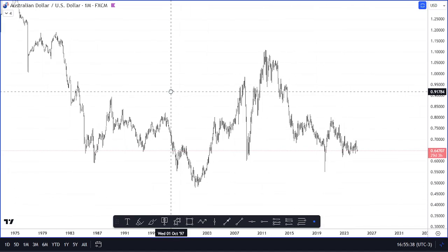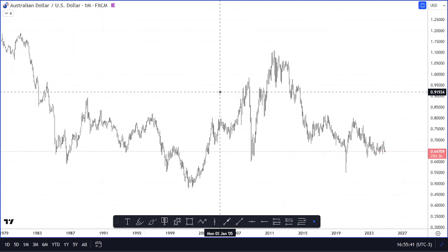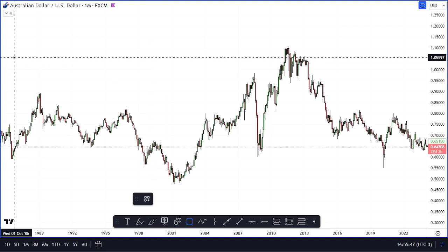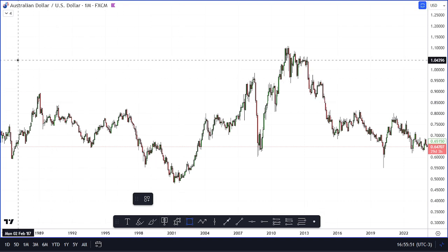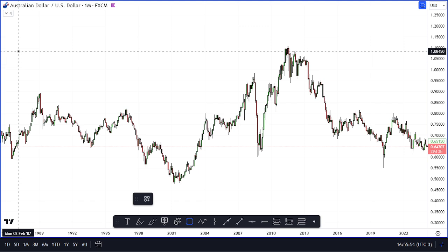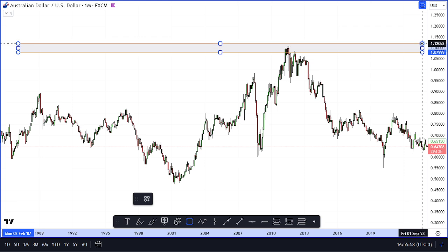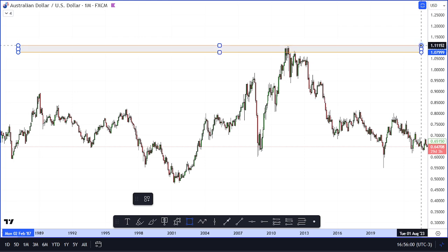Right here, let me quickly draw the bands. Like I said, I like to use the rectangle box to draw my bands area. So I'm going to be using this.